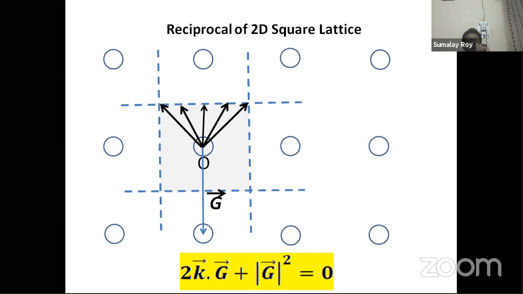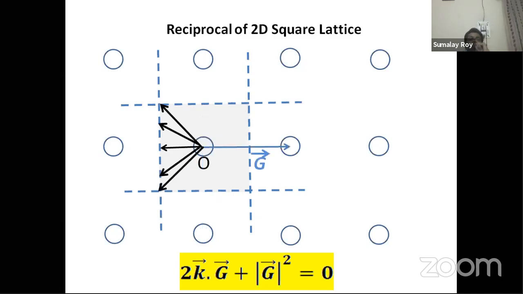Now, similarly, as this structure has this symmetry of 90 degrees, we can say that all the vectors which originate from the origin and end up on the left-hand side of the boundary will also have a component along the corresponding G vector which satisfies this equation.